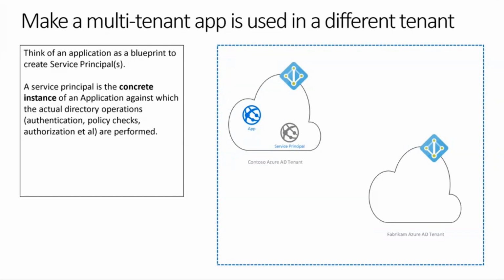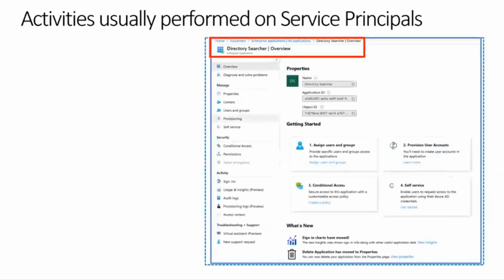And when you enable it to become a multi-tenant app, then your application's service principals will be created in other tenants. We refer to them as host tenants. So the moment you create an application and mark it as a multi-tenant app, the application service principal can potentially be created in every Azure AD tenant out there.